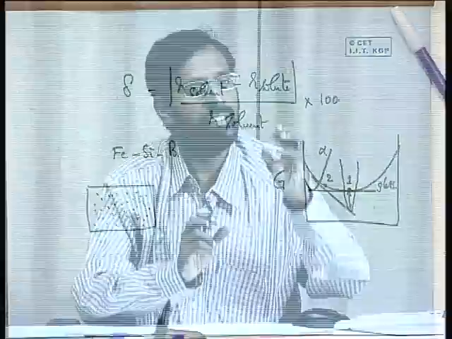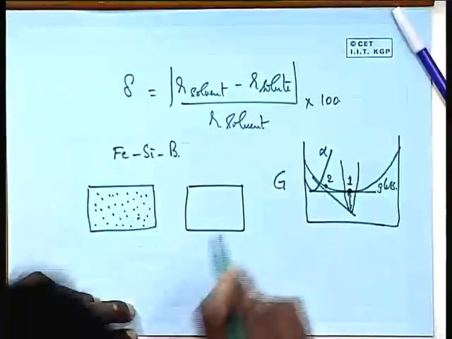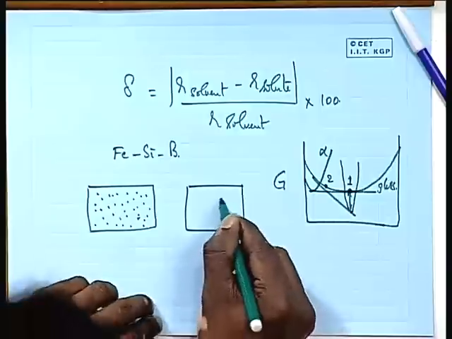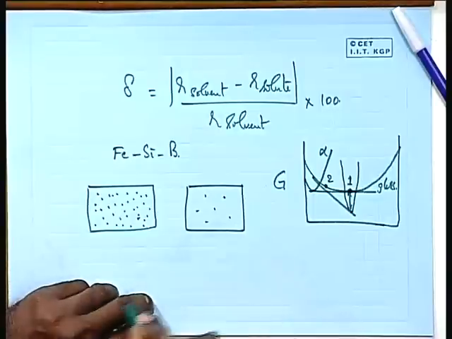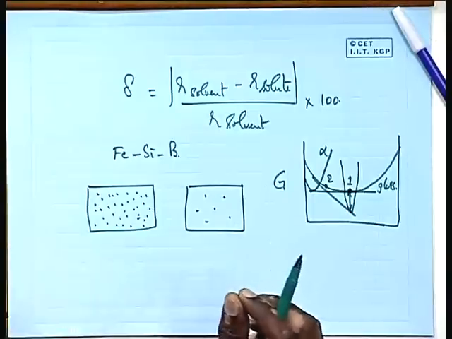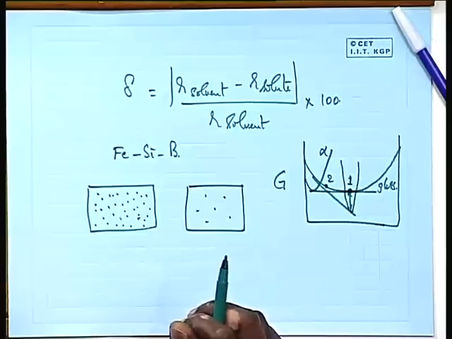What you will see is that after the nucleation of the intermetallic, if at all the intermetallic or the alpha nucleates, if this is the liquid or glass, whatever you want to call it, and the intermetallic has formed, you have to have some amorphous phase left out in order to maintain the mass balance.